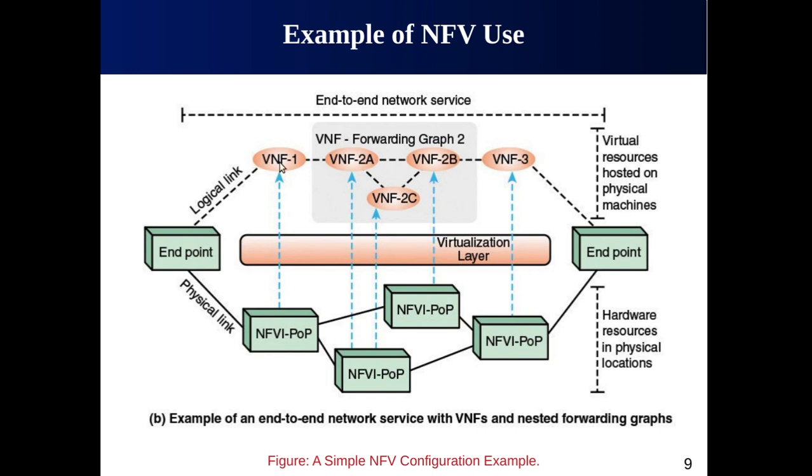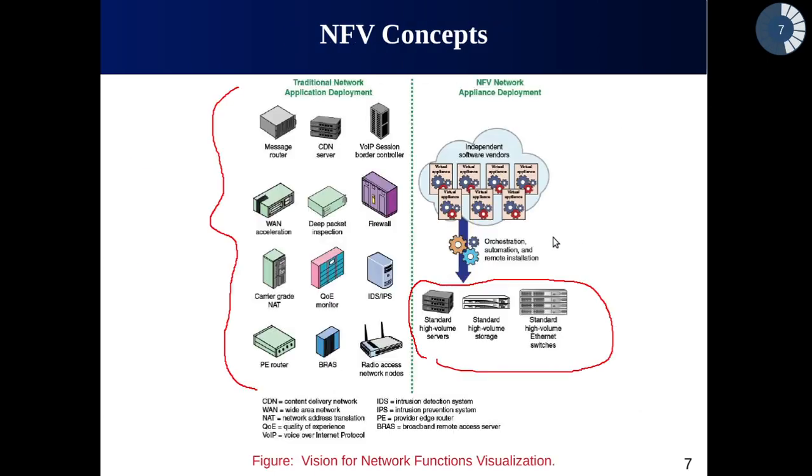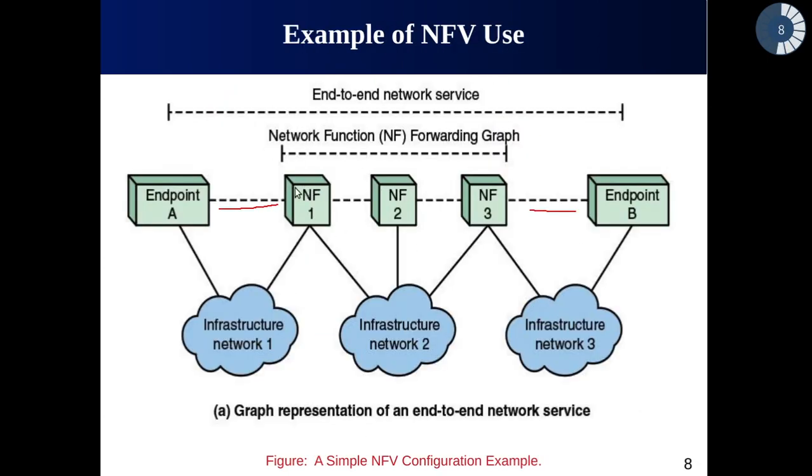VNF1 provides network access for endpoint A, for example, and VNF3 will provide network access for endpoint B, for example. The figure also shows us a nested VNF forwarding graph. Remember the concept of forwarding graph from the previous figure? Actually, this is the forwarding graph.